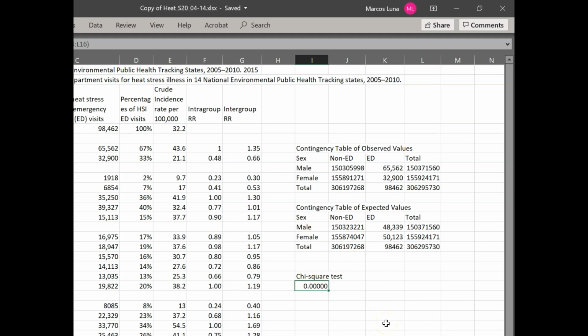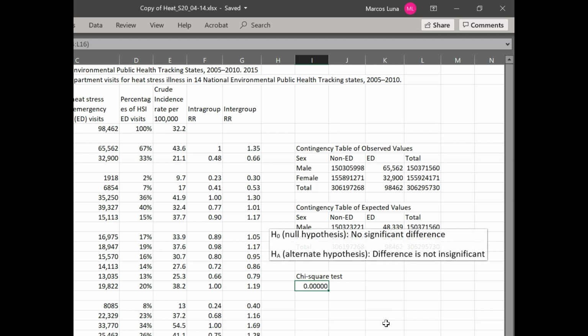So this is a hypothesis test, and we've talked about this before in class. So recall that in a statistical hypothesis test, you have the null hypothesis, which is the thing you're trying to decide whether or not to reject. And the null hypothesis is always that there's nothing going on here. There's no significant difference in this case.